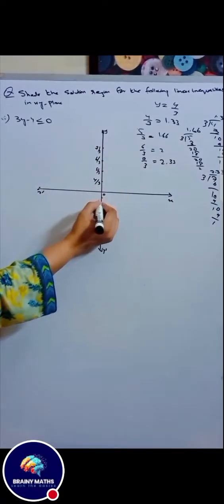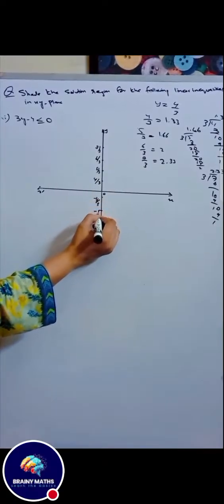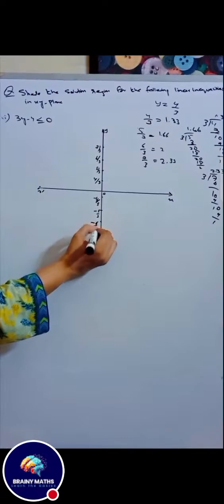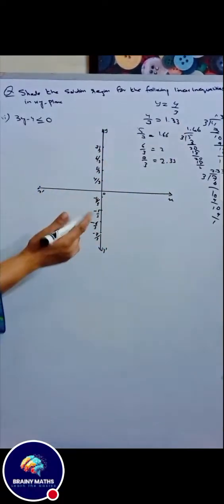You got it? Opposite: minus 4 by 3, minus 5 by 3, minus 6 by 3, and last minus 7 by 3.